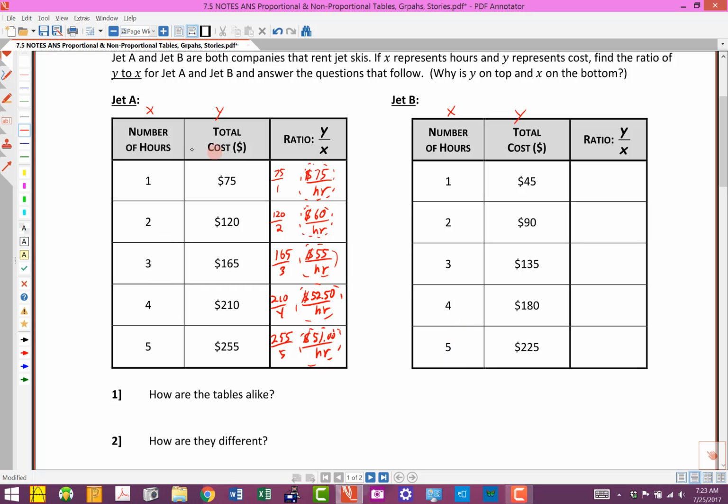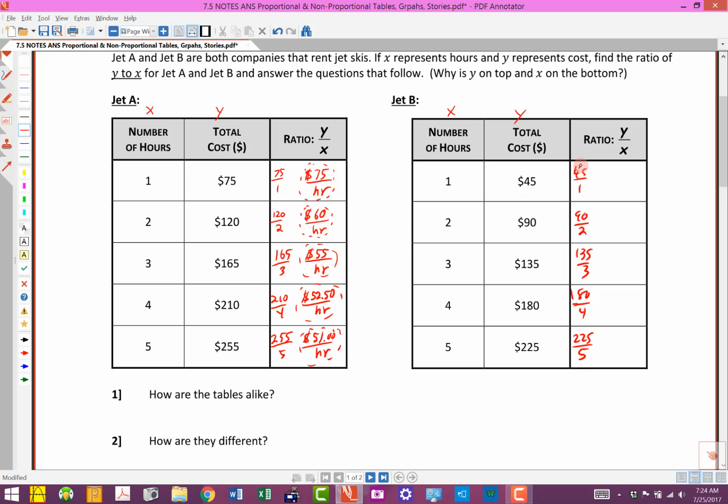Now when we were going through this one right here, you'll notice that as we did this division, each one of these worked out to be a different amount, a different unit rate if you want to think of that. So on this one here, we're going to do 45 over 1, 90 over 2, 135 over 3, 180 over 4, and then 225 over 5.